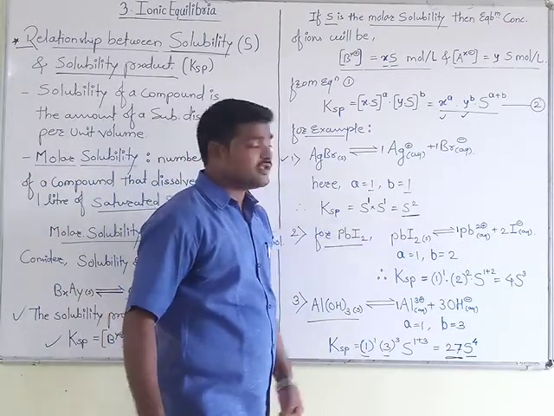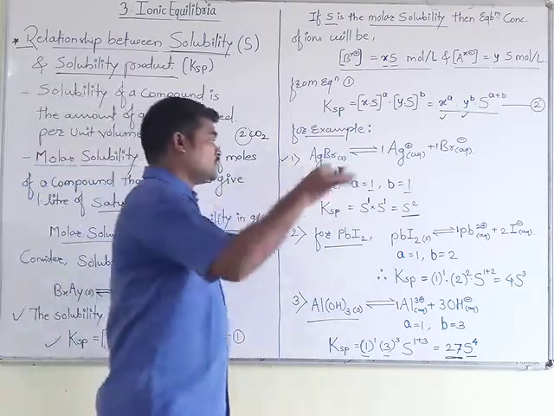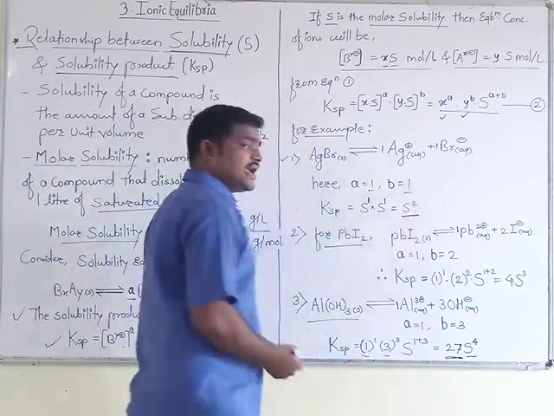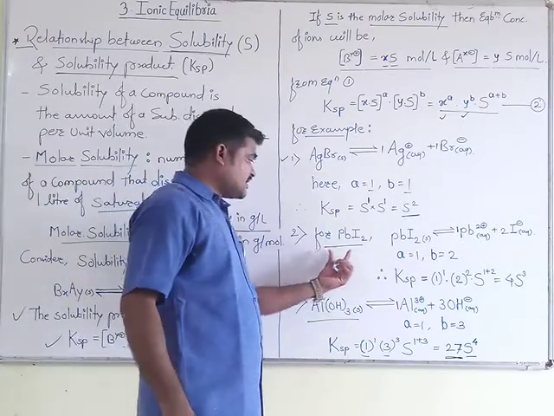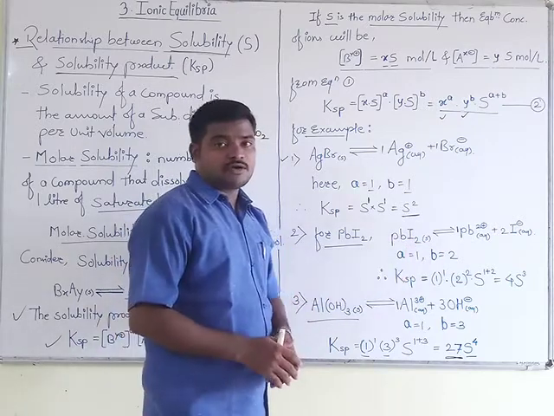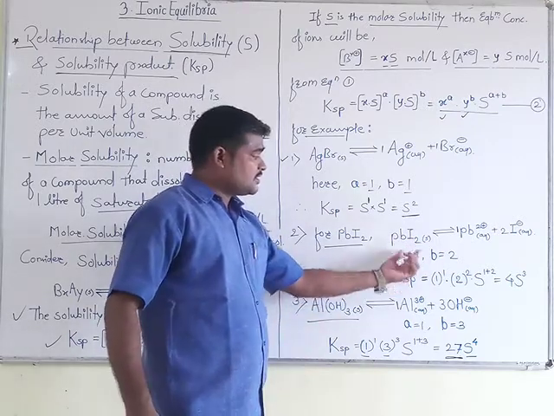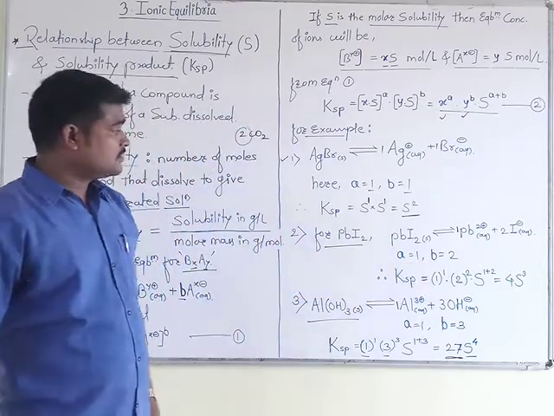That power 2 indicates the addition of 1 plus 1, because the base is same, so we have to add their powers. And again for the second example, PbI2, the equilibrium reaction we have written as usual, and here the terms a and b we have calculated.